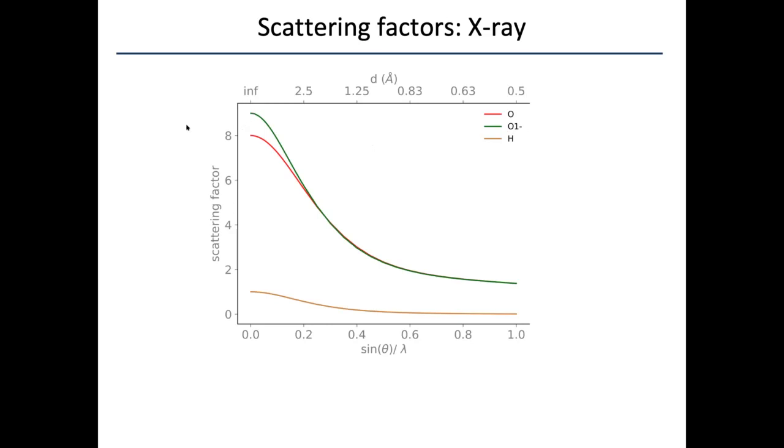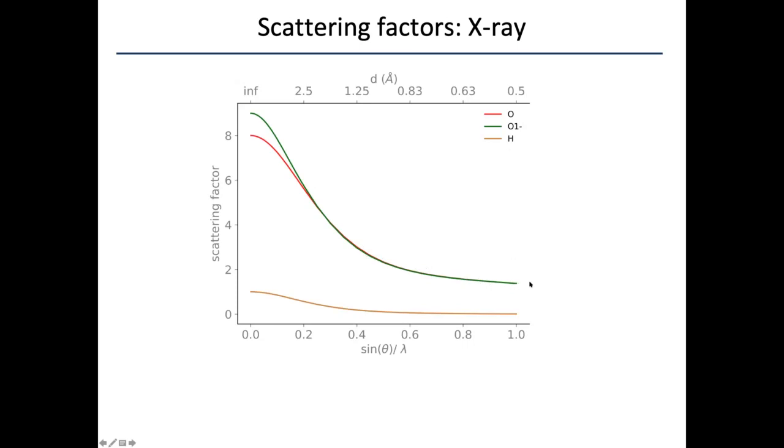Yet another thing we can see is that there is a decay. It looks a little bit like a sum of Gaussians, this kind of curve. So there's a decay with increasing scattering angle. And the other thing is that for the ion, the scattering factors are different at small scattering angles. But if we go to larger scattering angles, there is a superposition with the values for the neutral atom.